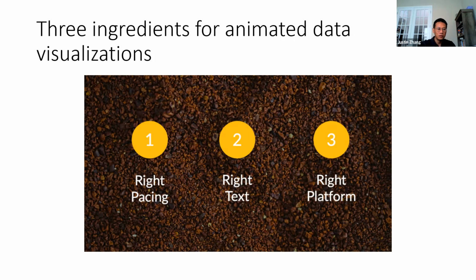So we need to consider the expertise and the needs of our audience from a content perspective, but we also need to understand what kind of platforms our audience is using or prefers to use.